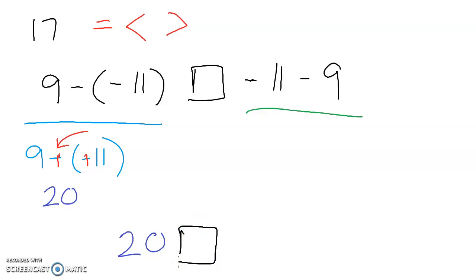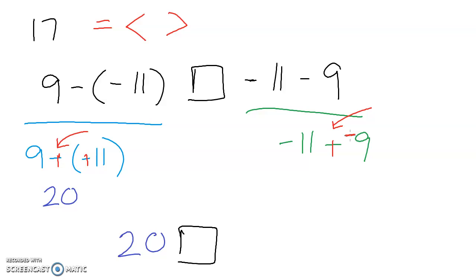Let's look at the right one. On the right side, you have a negative 11 minus 9. Again, this is subtraction. You can add a line and change the sign. Even though the 9 is not originally negative, and doesn't have that original sign to change, you still do change the sign from positive to negative. Now you have a negative 11 plus a negative 9.